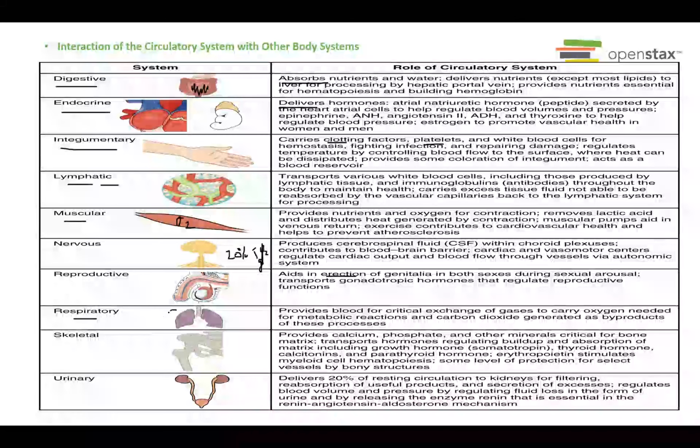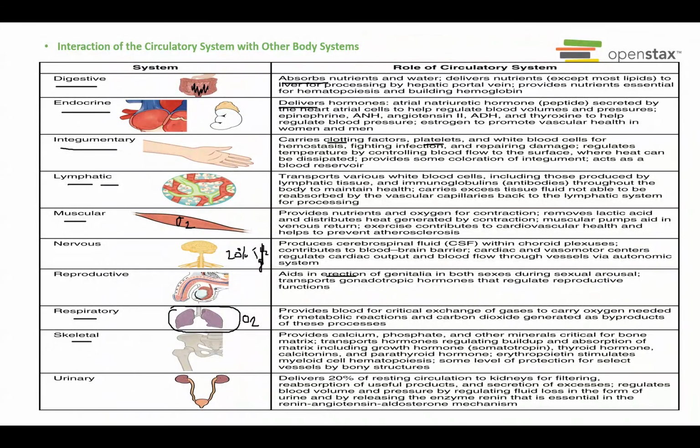Respiratory system: this is one of the most important organs that make sure we have enough oxygen that will be delivered to the whole body. Skeletal system: the blood will provide the bone with calcium, for example, in order to be strong, with other proteins, collagens, and so on.